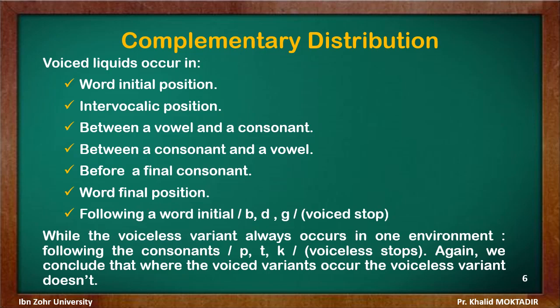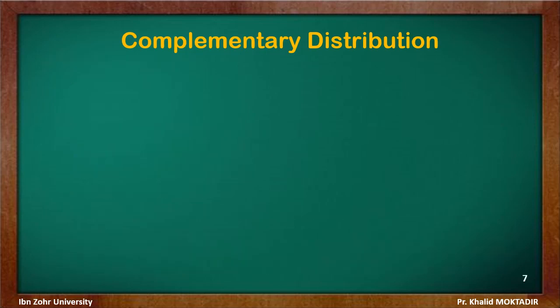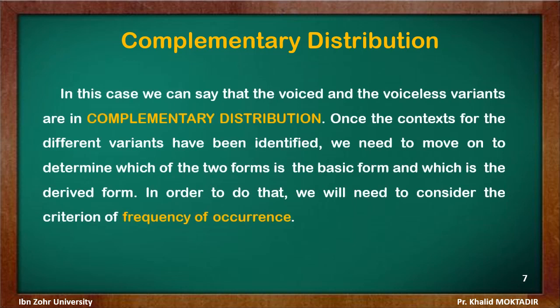Again, we conclude that where the voiced variants occur, the voiceless variant doesn't. This is essentially a case of complementary distribution. In this case, we can say that the voiced and the voiceless variants are in complementary distribution.